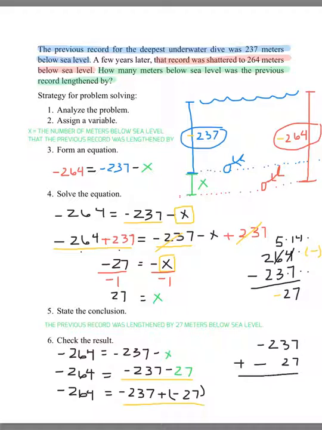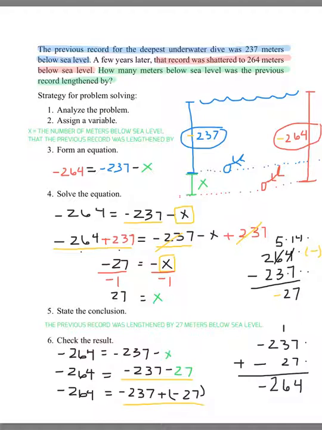Again, they're both negative, so we're going to get more negative, and we're going to add them up. So we'll have 7 plus 7, which gives us a 14. So we'll bring down the 4, carry up the 1. Then we'll have 1 plus 3 plus 2, which is going to give us a 6. And then all we have left is to bring in the 2, so we end up with negative 264.